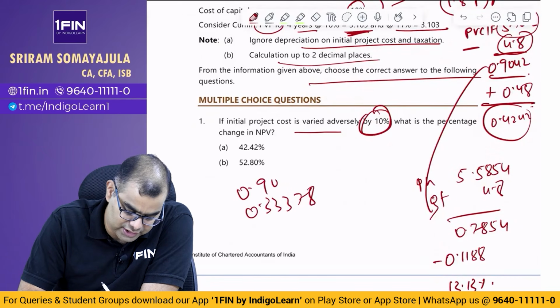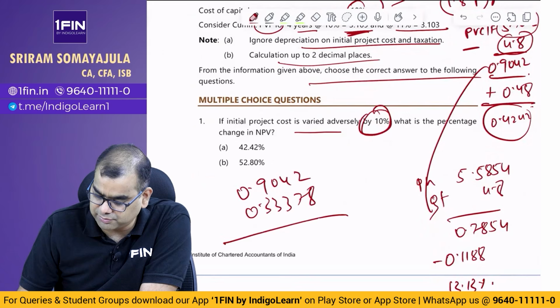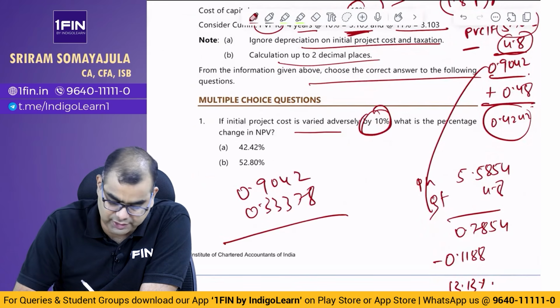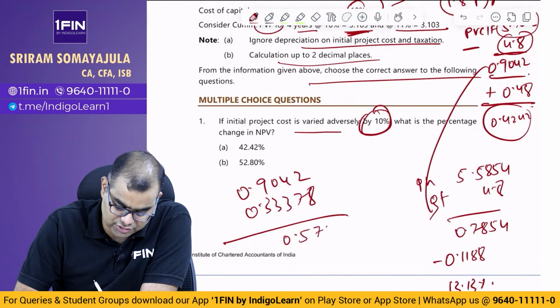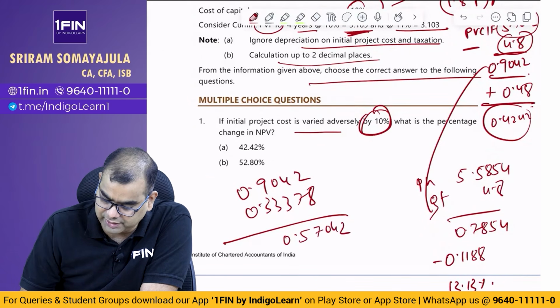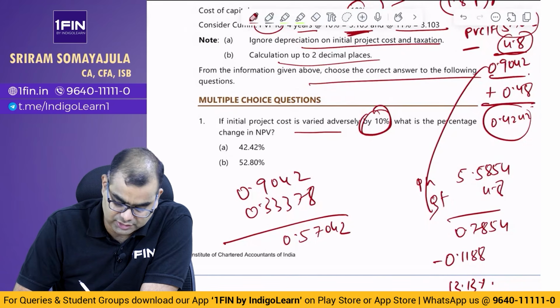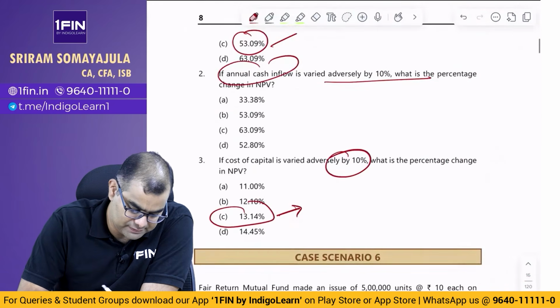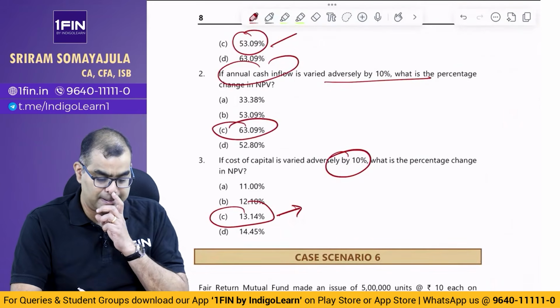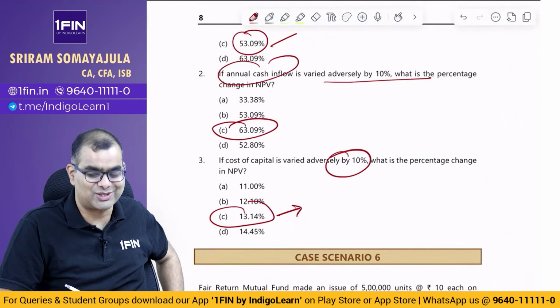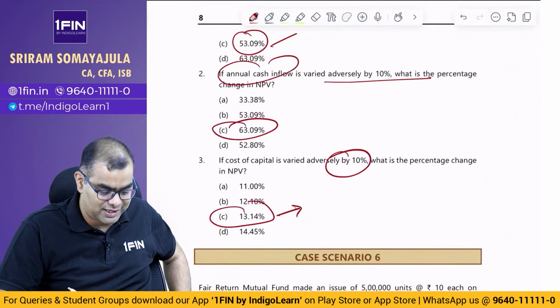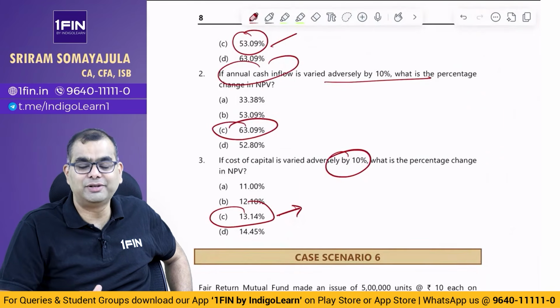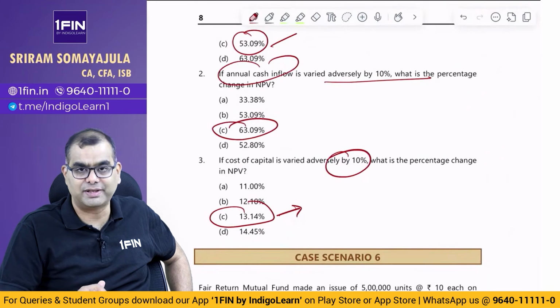Original NPV was 0.9042, so 0.9042 minus 0.3378 gives 0.5664, divided by 0.9042, the reduction is 63.09%. Yes, 63.09%. See, I misinterpreted the question and solved it. Thankfully, it became the answer for the last one. But otherwise, you should not make such mistakes.